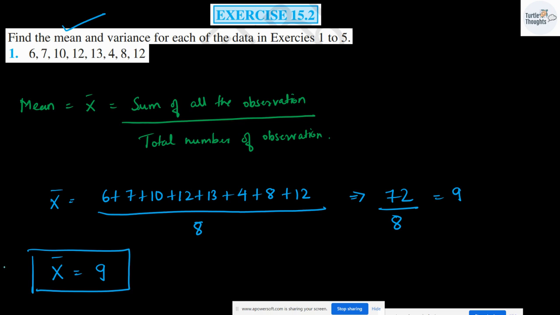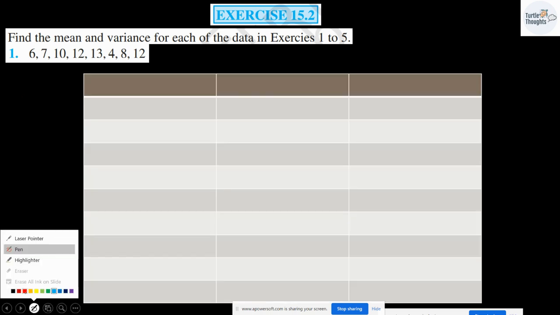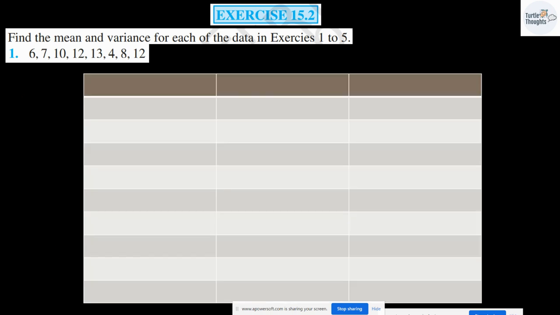To find out the variance, I have drawn a table. First column is going to be the class marks, which is xi. The second one is going to be the deviation from the mean, which is xi minus x bar. Next, we'll be having xi minus x bar whole square.